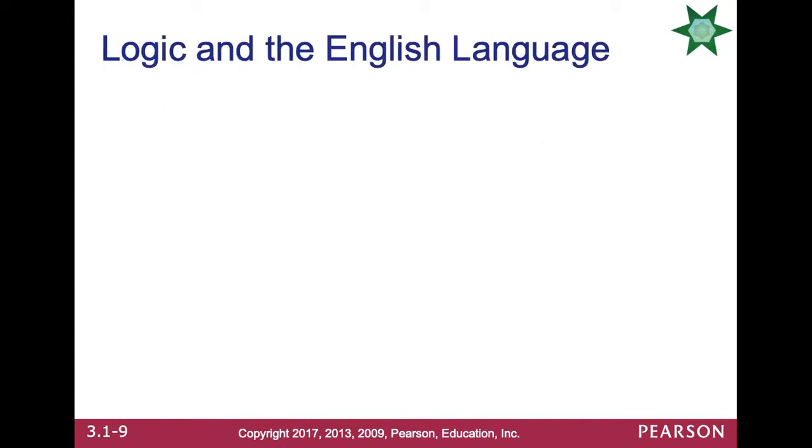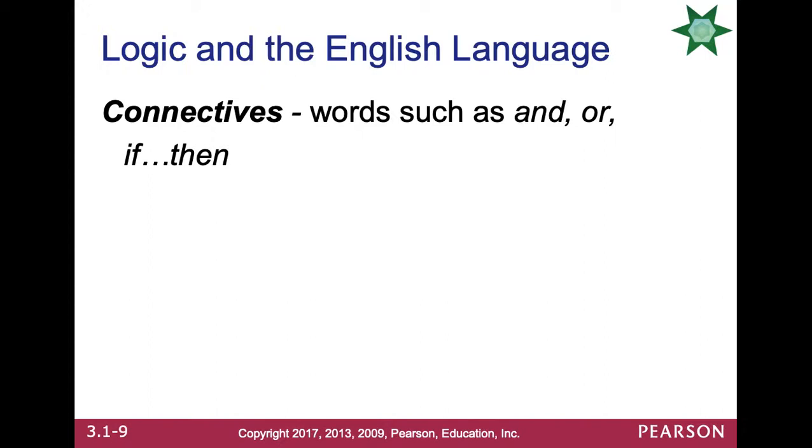Okay, logic in the English language. If we're going to have compound statements, we're going to have to use something called a connective. These are words such as and, or, if, then, and if, then, else. Now, the connectives can actually be positive, as in the case of and, or, or they can be negative, which means we're basically negating.